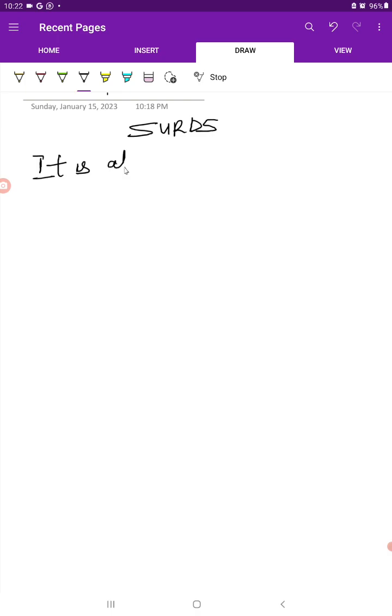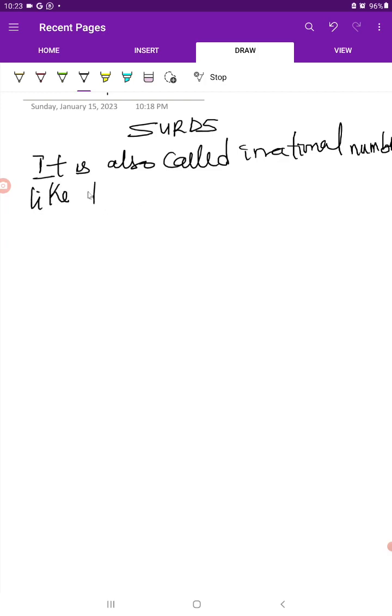They are also called irrational numbers, like root 2, root 3, root 7, and so on. We also have what we call the rules of surds.